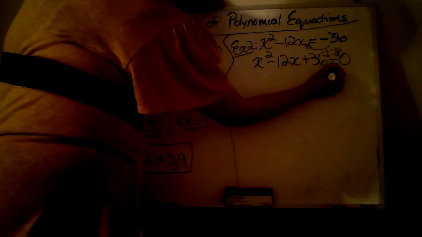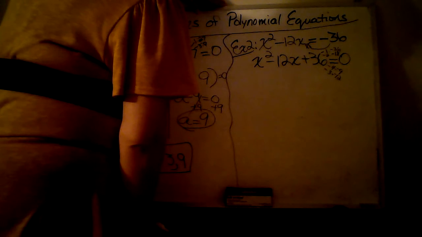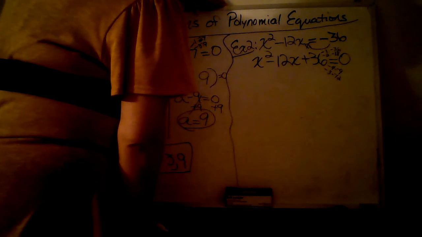We also have negative 4 times negative 9. And we also have negative 3, negative 12. So remember, they've got to add up to be negative 12.